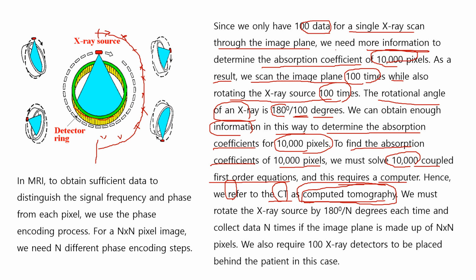But the important function is given by X-ray, but people don't like X-ray, so in the name of this machine, X-ray was omitted, so we call it just a CT.